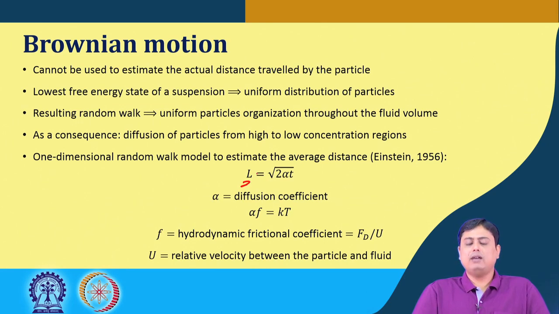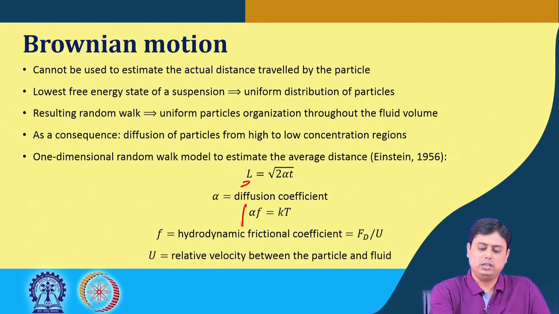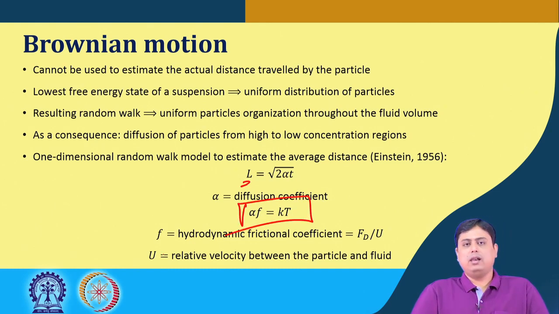He further developed a relation between the hydrodynamic frictional drag and this diffusion coefficient alpha, proposed in this manner: alpha f, where f is the hydrodynamic frictional coefficient, which is Fd by u, equals the Boltzmann constant multiplied by the temperature in Kelvin.